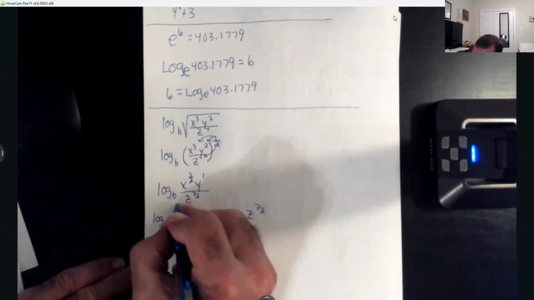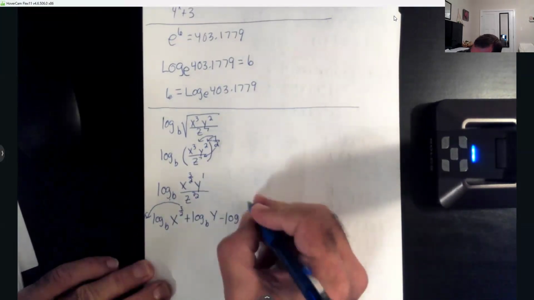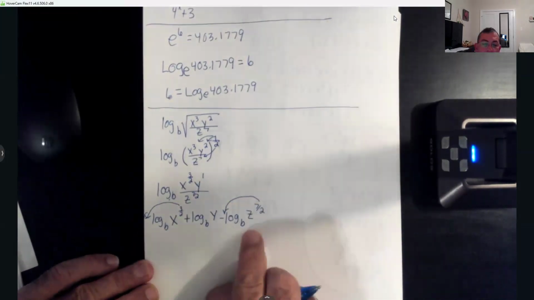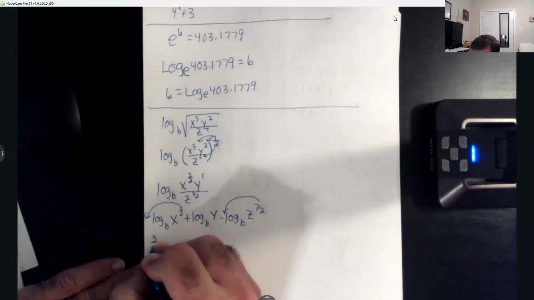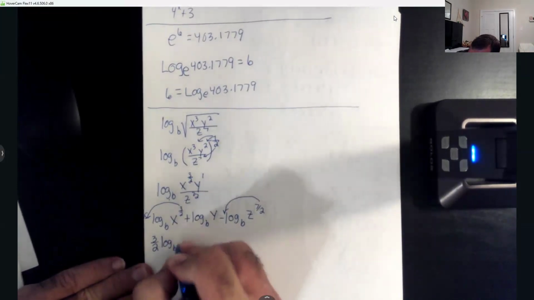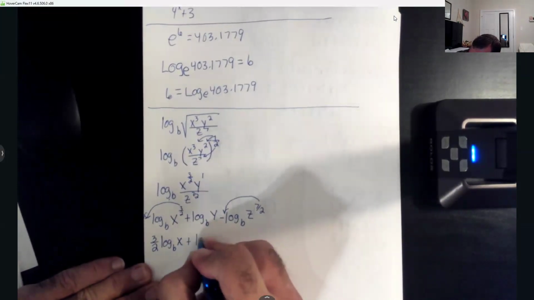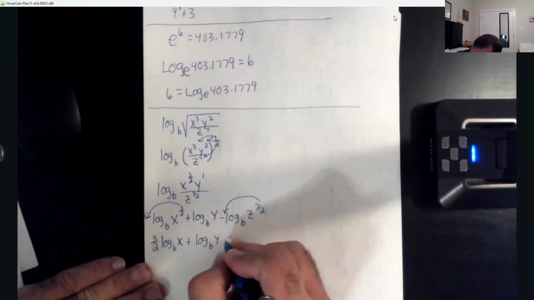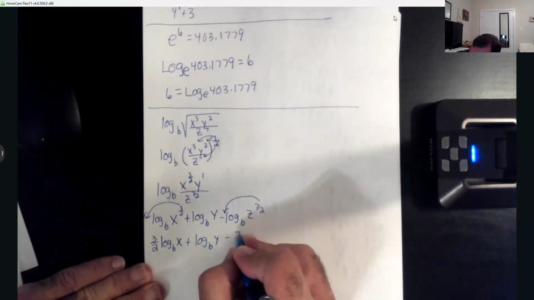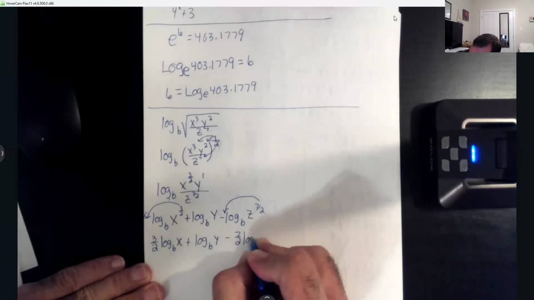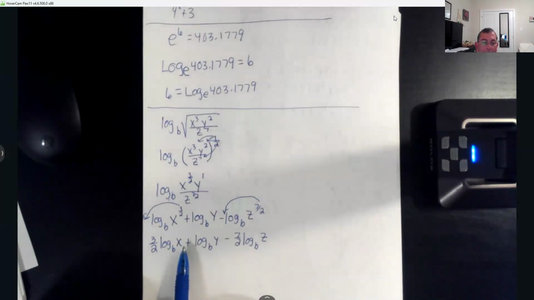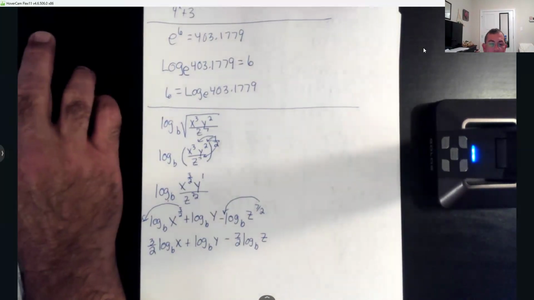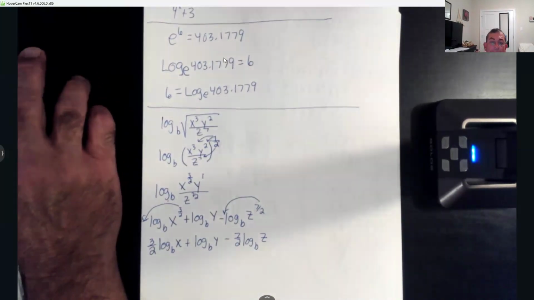The only other thing we got to do is bring the two exponents into the front of their terms. So you're going to get a 3 halves log b of x plus the log b of y minus the 7 halves log b of z. All right, y'all. So notice we're now written as sums and differences. We got our exponents all brought down, so we're looking for that answer.